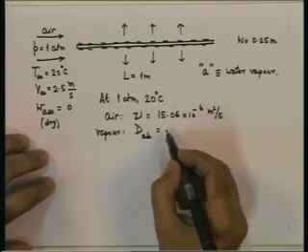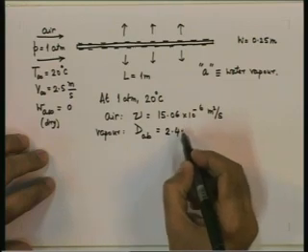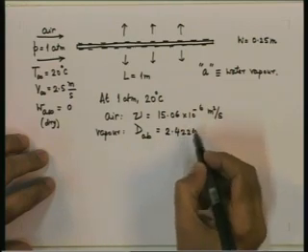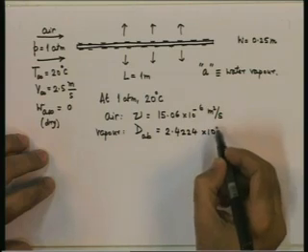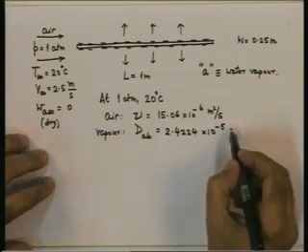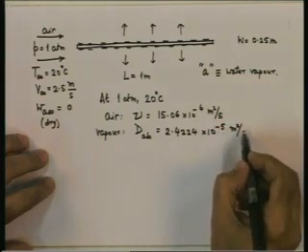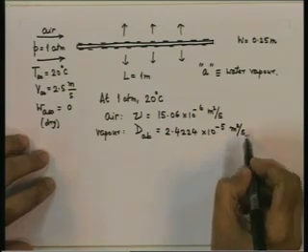We will need to make some interpolation, and we will get the value as 2.4224 into 10 raised to minus 5 meter square per second.